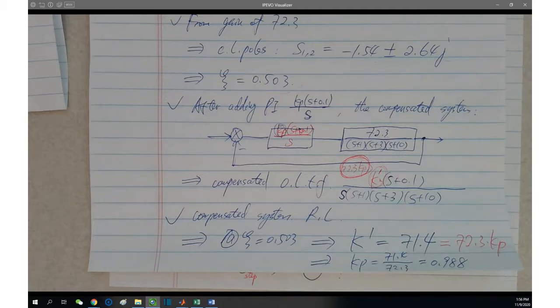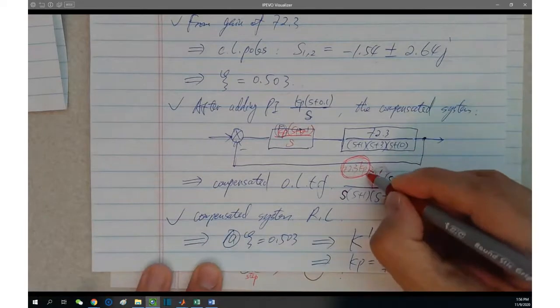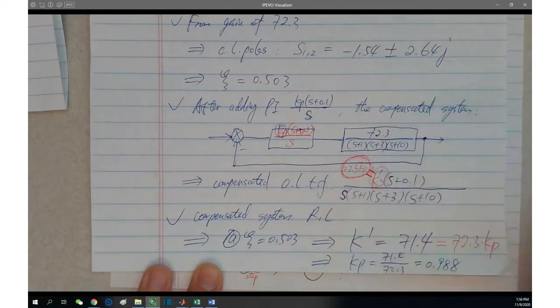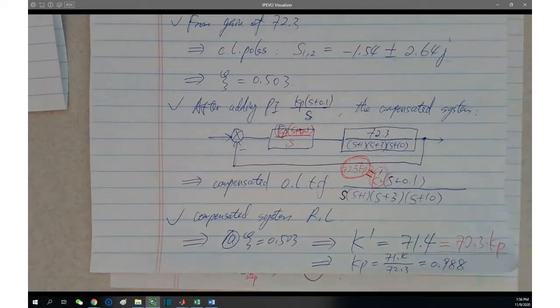However, here I'm trying to differentiate: the product between these two is not bothering your root locus, first of all. Then after finding the total gain here, I'm very clear that the two are equal, and from this equation I derive the KP value. I consider this an easier way for my students to understand, but if some of you understand it well enough, yes, it's not necessarily the only way.